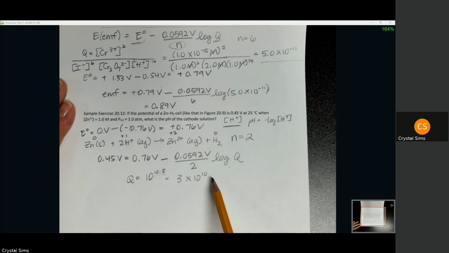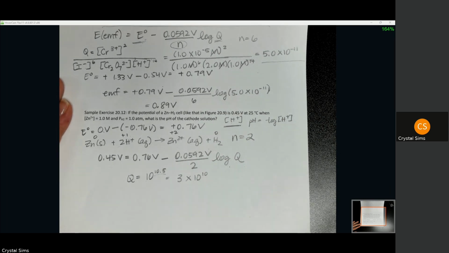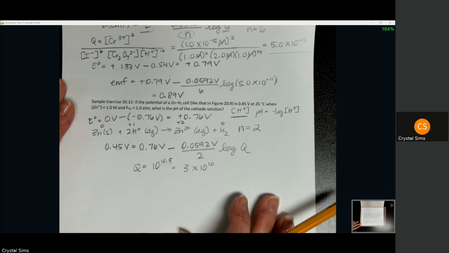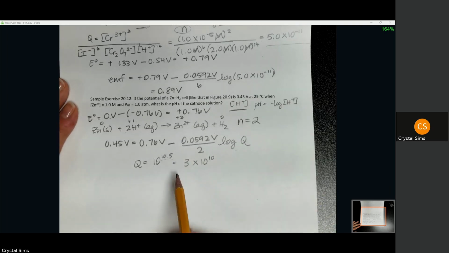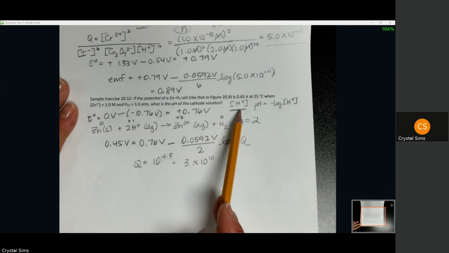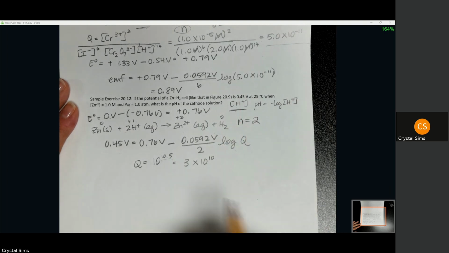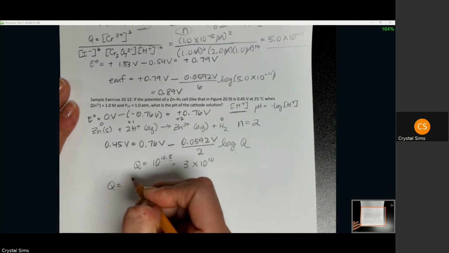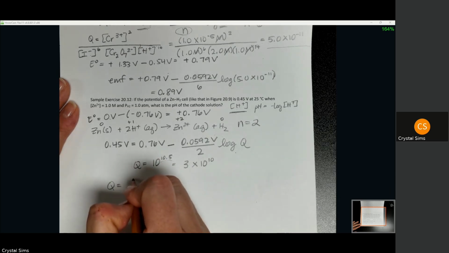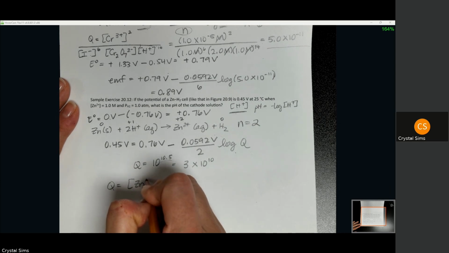Okay, now that is my Q value, but I'm not done yet. I've got to figure out from using Q my hydrogen ion concentration. So what is Q equal to? Q is going to be equal to the concentration of zinc 2 plus.